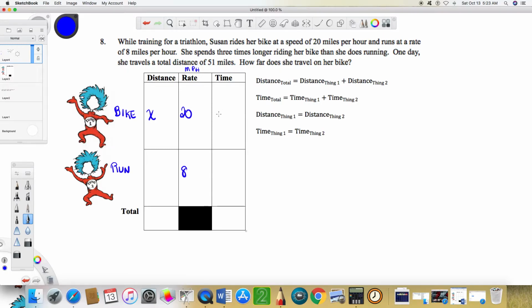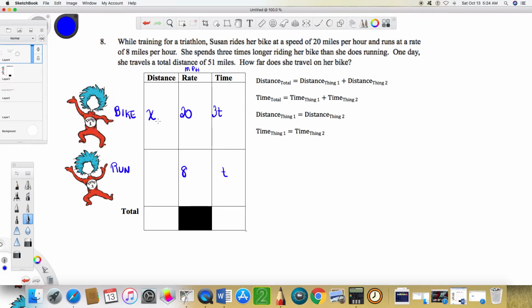So let's call this T. The length of time that she spends running is shorter than riding the bike because she rides her bike 3 times longer.